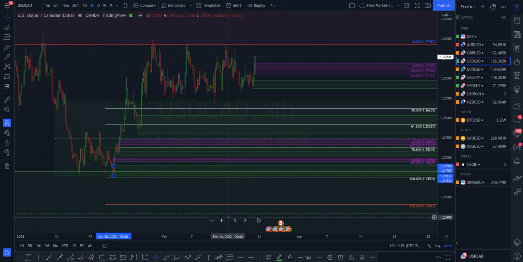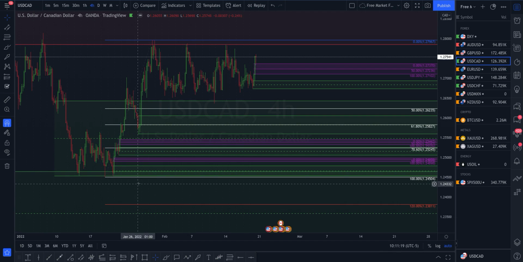So we have 4-hour demand with imbalance, 4-hour demand with the imbalance sitting above it. We're at the 78.6% right here.